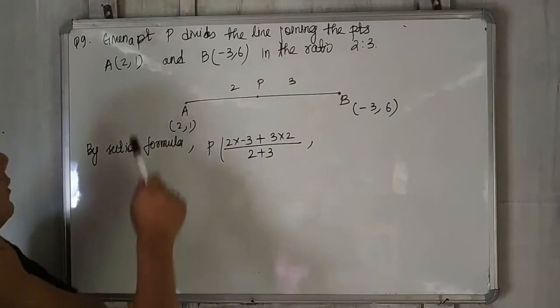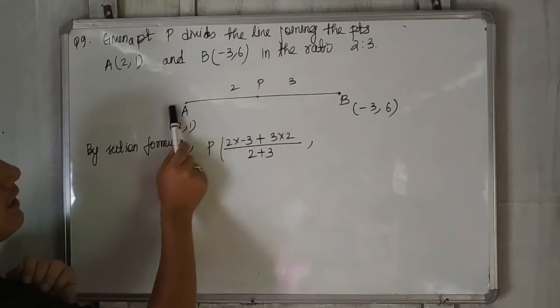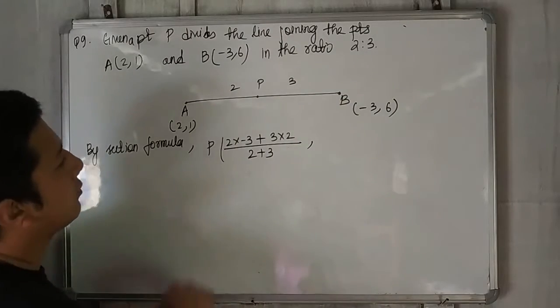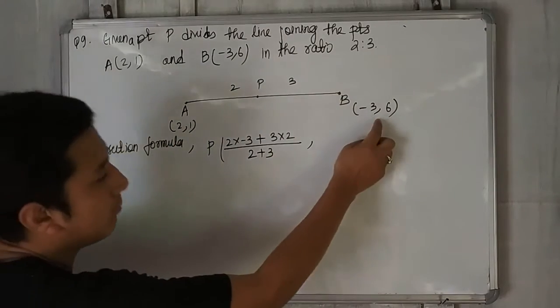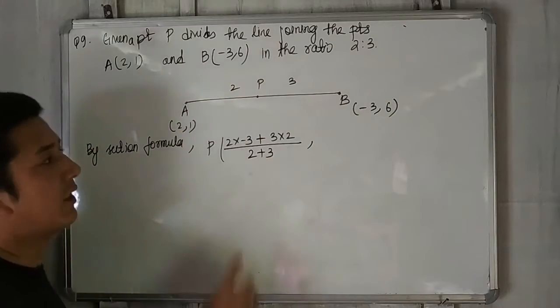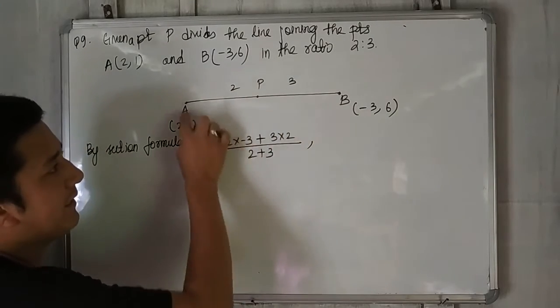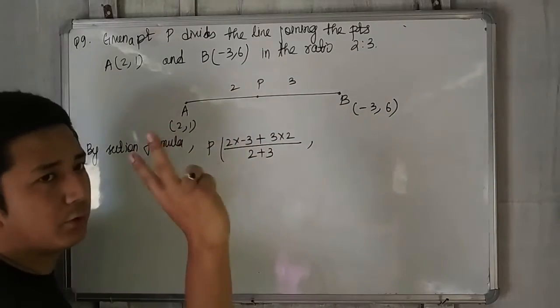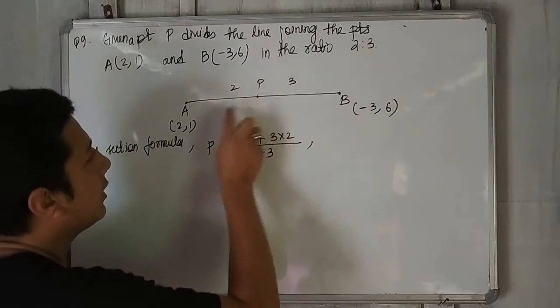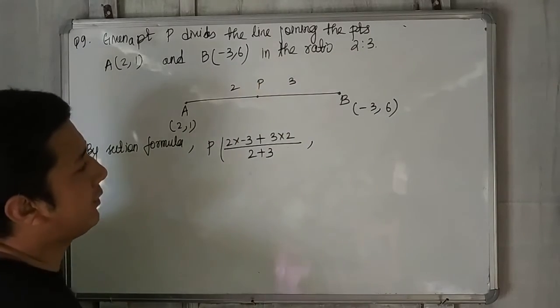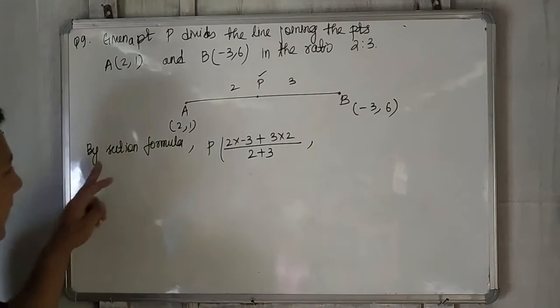Once again, the point P divides AB in the ratio 2:3. So you put A and B, draw the line. After that, there's a point P which is dividing this line segment AB in the ratio of 2:3. So I can find the coordinates of point P by using the section formula.